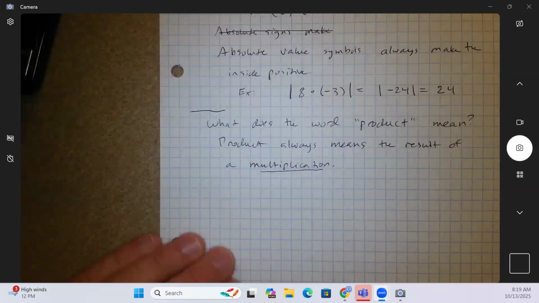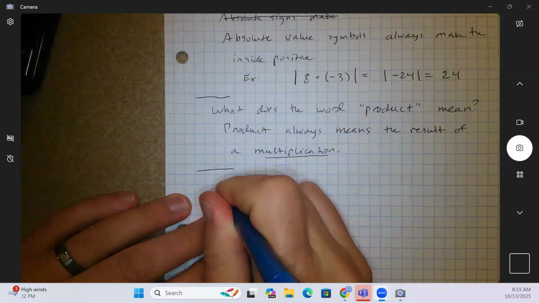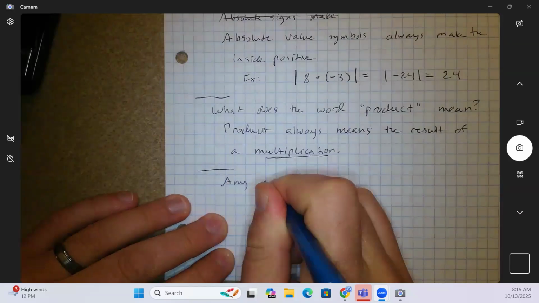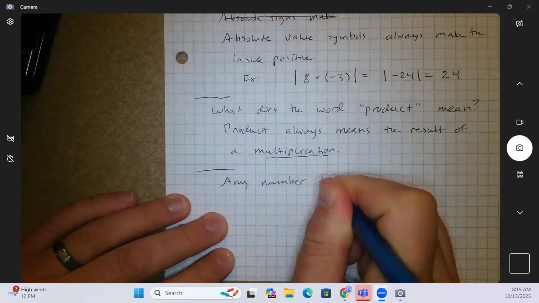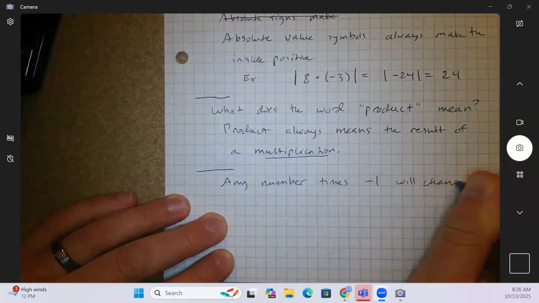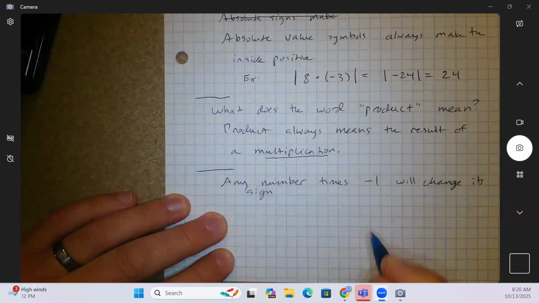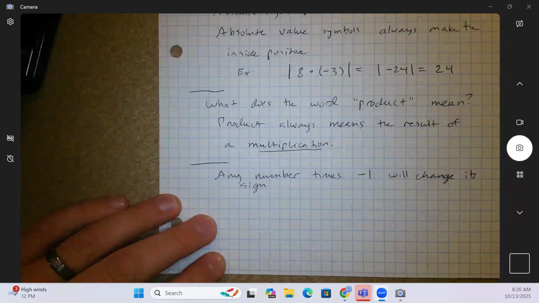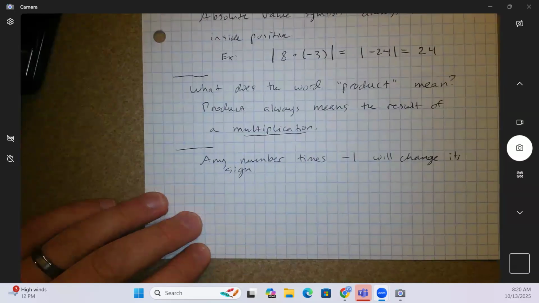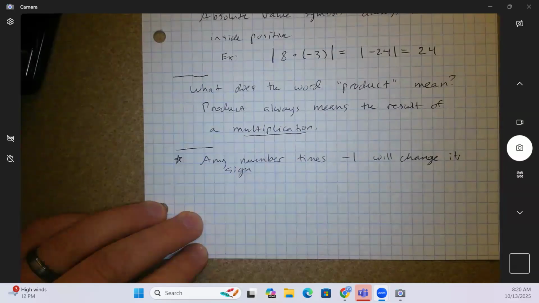And one other thing, the book calls it the anti-identity, but any number times -1 will change its sign. This is pretty useful, actually, because very often we want to change the sign of a number.